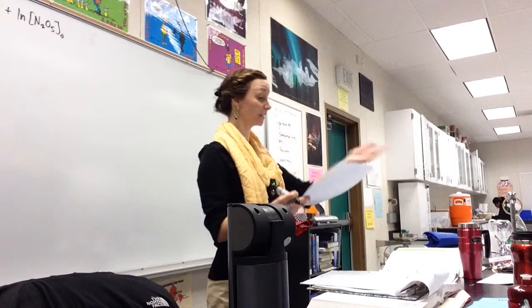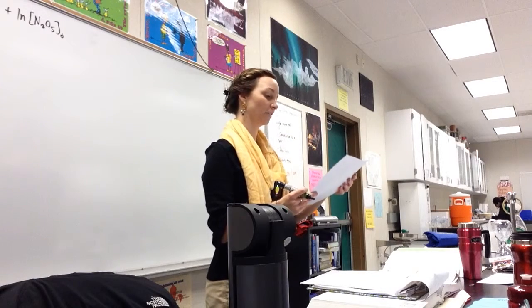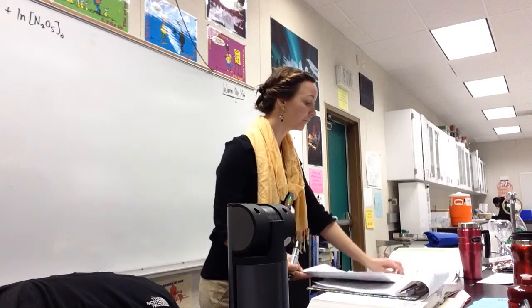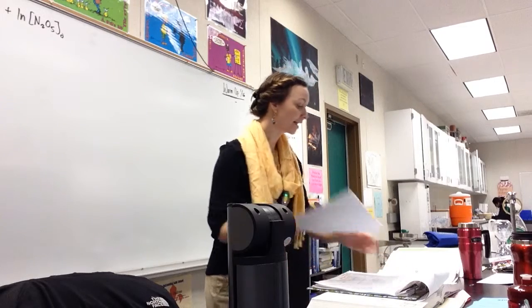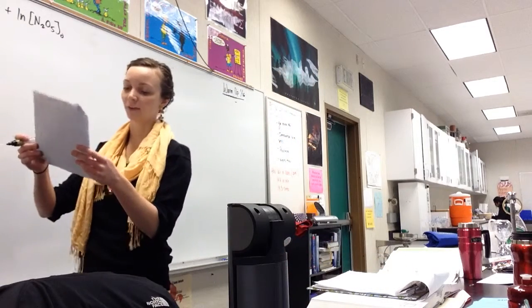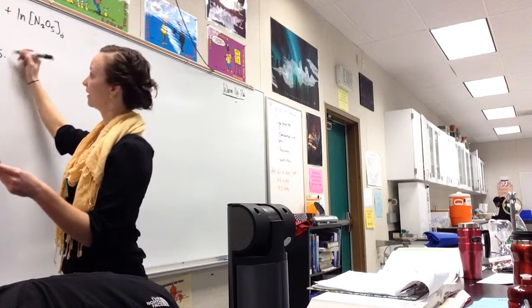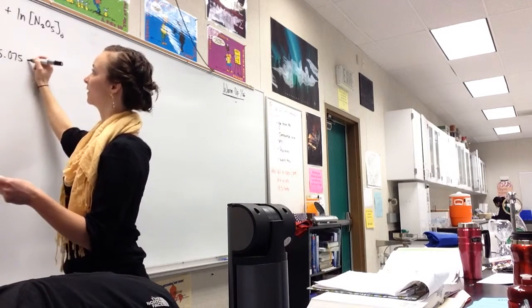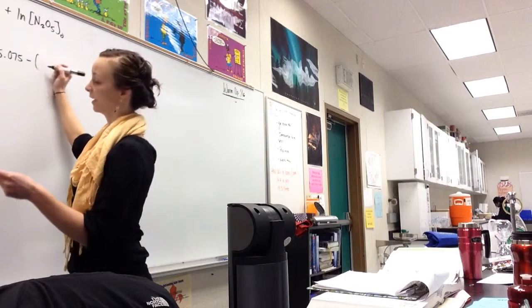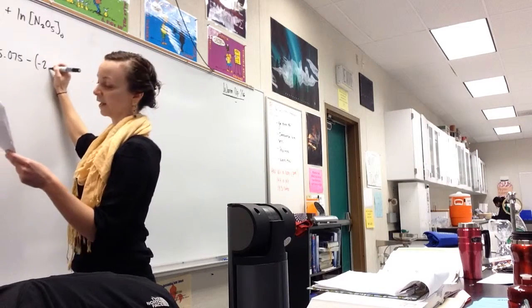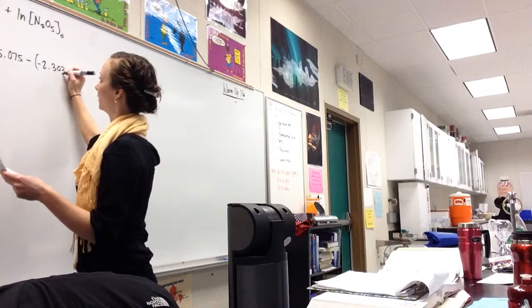I'm sure if you use not the first and last, you'll have the same slope because it's linear, but I always just use the first and last. So my last point, the y value is negative 5.075, and I'm going to subtract that from my first point, 2.303.